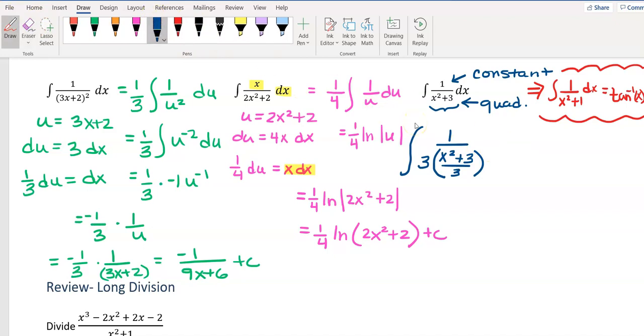Okay, so dx there equals, and I'm going to rewrite that as 1 over 3 parentheses, and then what I really have here is x squared divided by 3 plus 1. Now, that 3 in the denominator can come out as a 1/3 in front. So I'll do that.